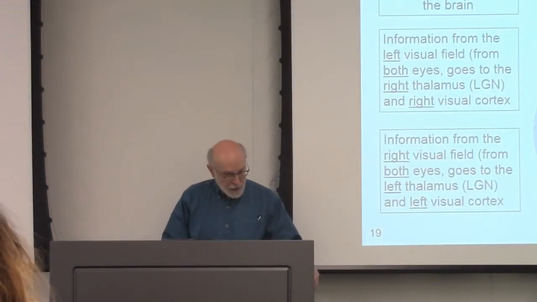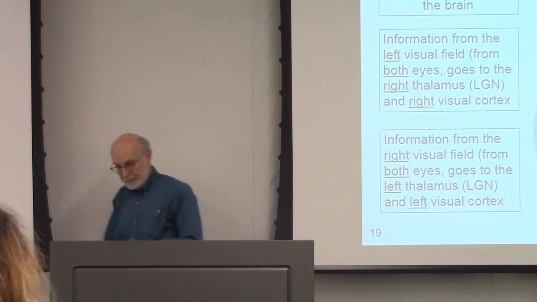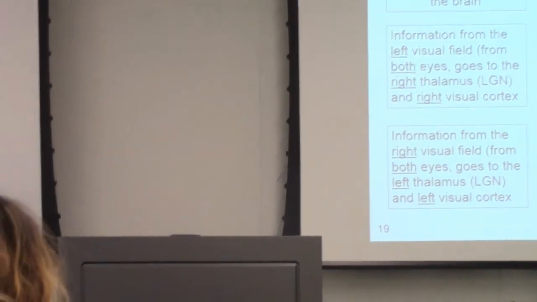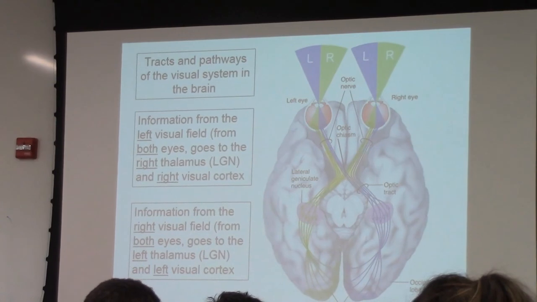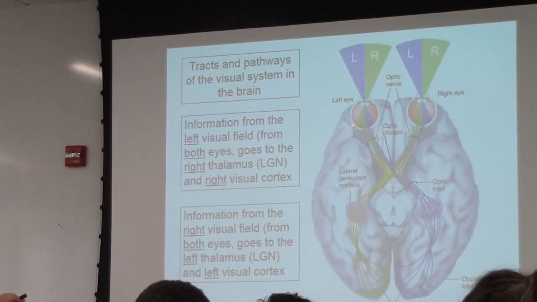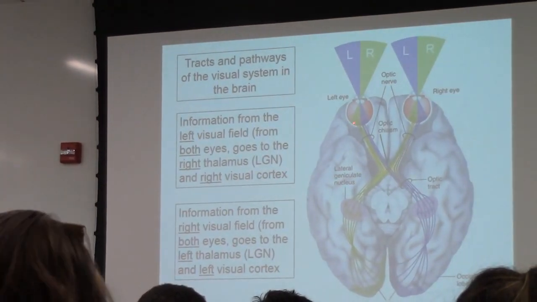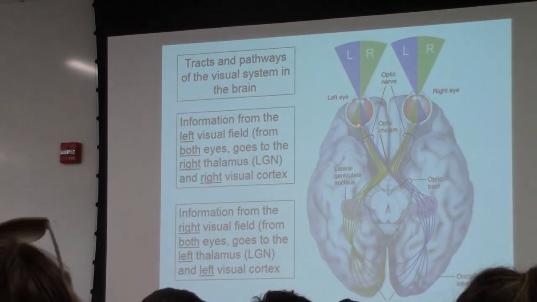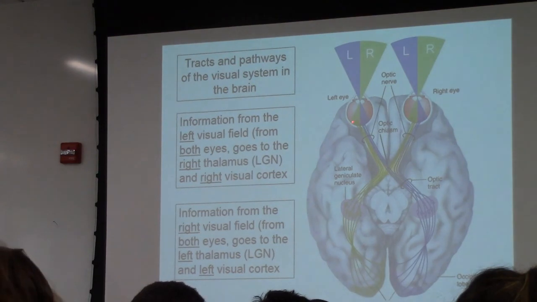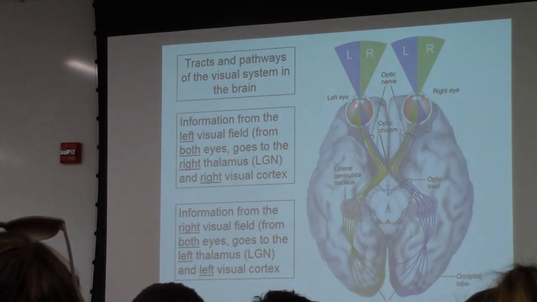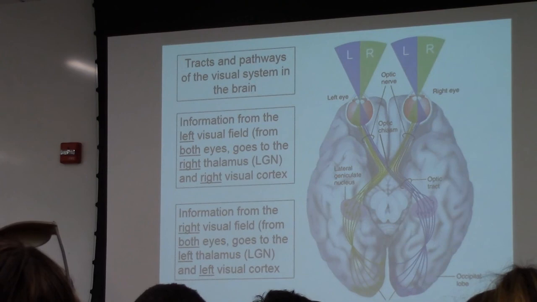So let's go back to the question. Axons from the lateral part of the left retina. The lateral part of the left retina is receiving information from the right visual field because of the flipping of things by a lens, left to right and up and down.